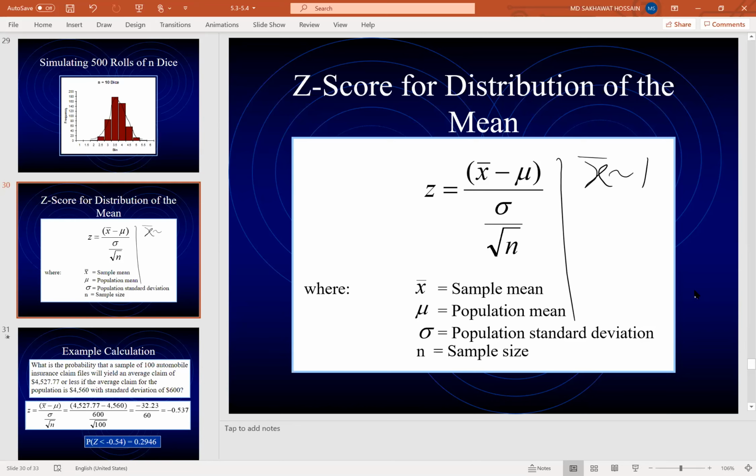So x bar will be a normal distribution with mean mu. And what is the variance here? The variance is sigma square over n. So why sigma square over n?